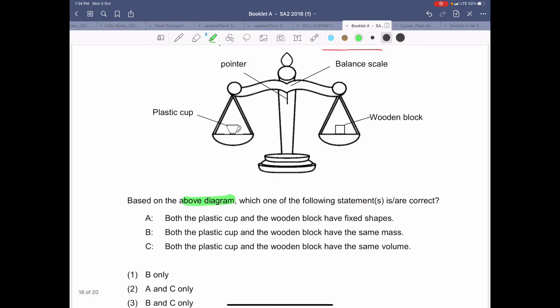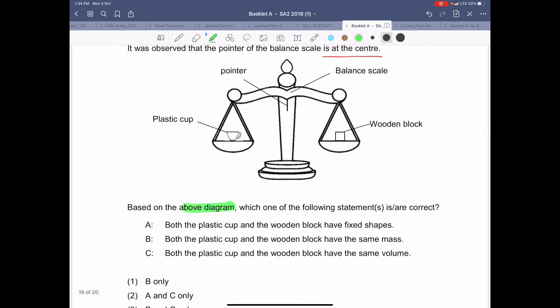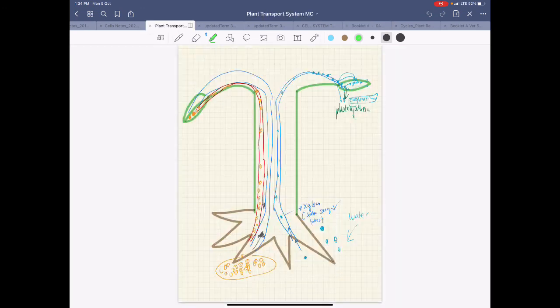A. Both plastic cup and the block have a fixed shape. Now, you are not able to really tell in this experiment because the only device that you have is actually a beam balance to measure the mass. So because of that, you're not so sure. So you should cross this out.